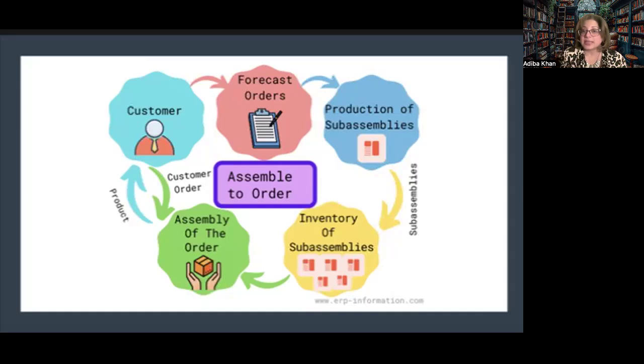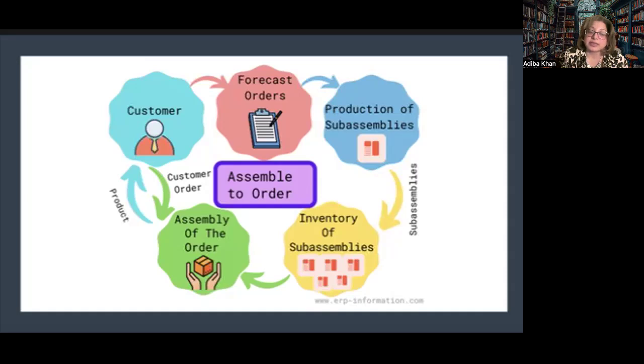Now, the benefit is that there's a low inventory risk because most of the parts of that laptop are freely interchangeable. And so it prevents having to have costly overstocking. And there's also greater flexibility for a variety of customers.